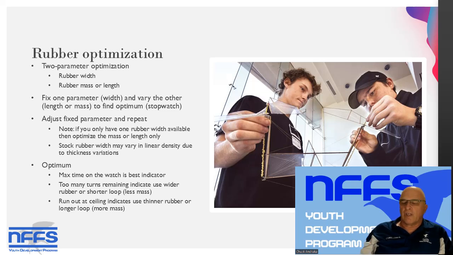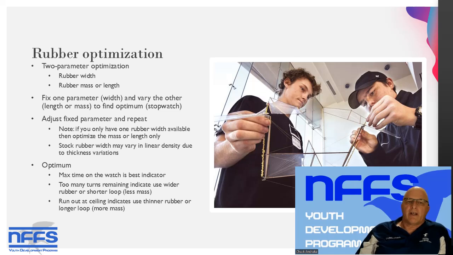Keep in mind, if you only have stock rubber, say you only have 1/8 inch rubber available to you, even that will vary in linear density due to the thickness variation. So be sure to weigh your given lengths of rubber, and look for variation there. You might be able to tweak out a little bit more. Your stopwatch is your best indicator of whether you've reached an optimum or not.